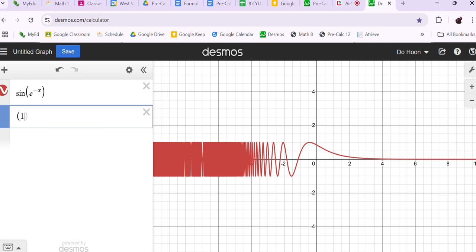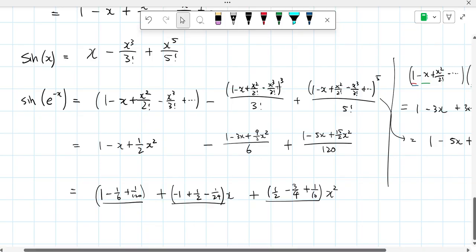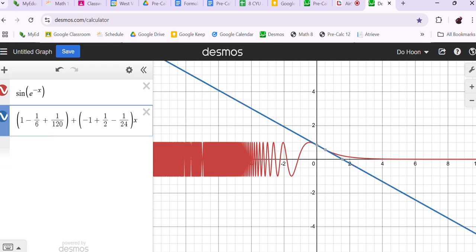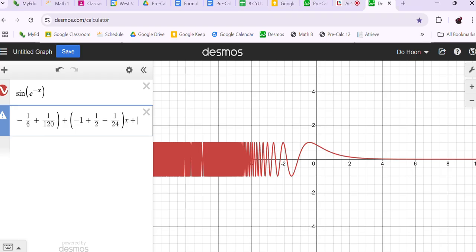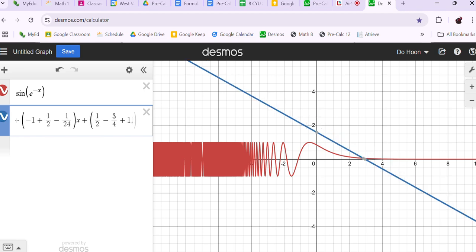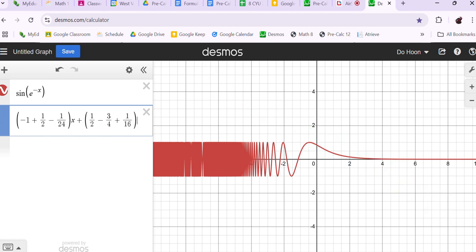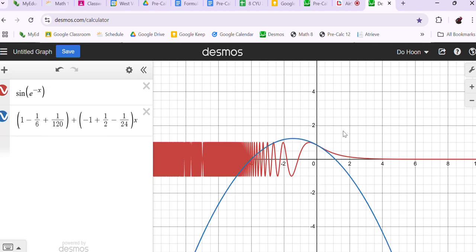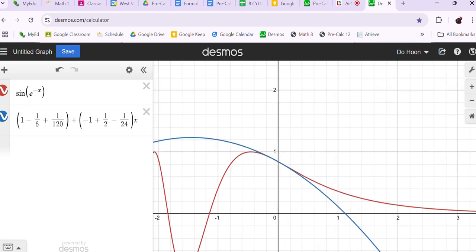And this is sine of e to the power of negative x.